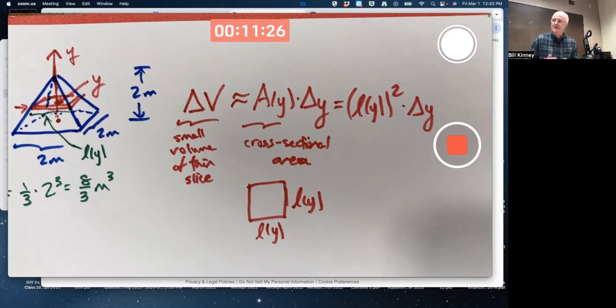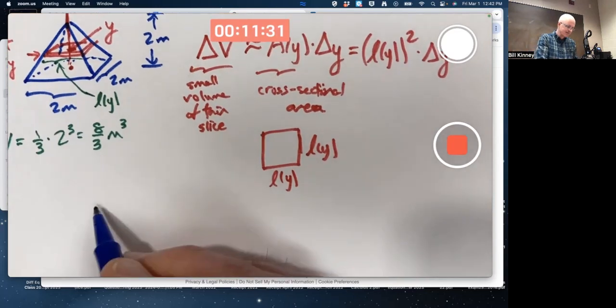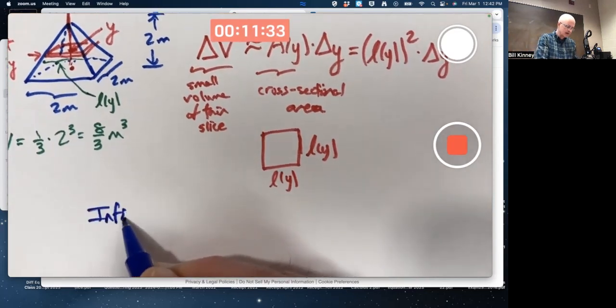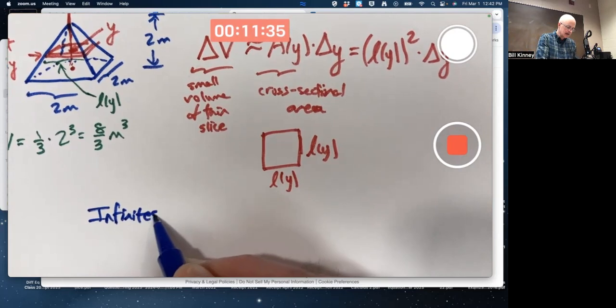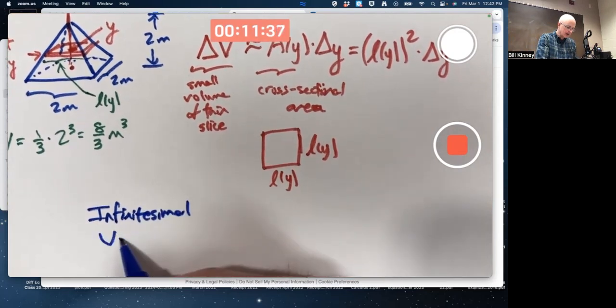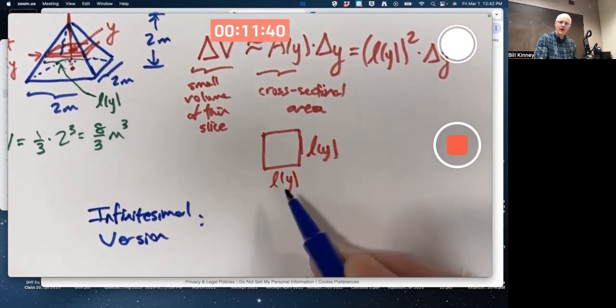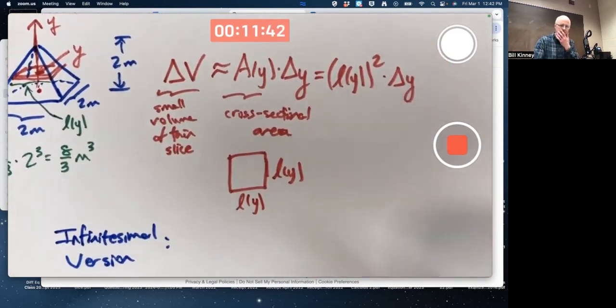But let's save that. What's the infinitesimal version of this approximate equation? What do you do?